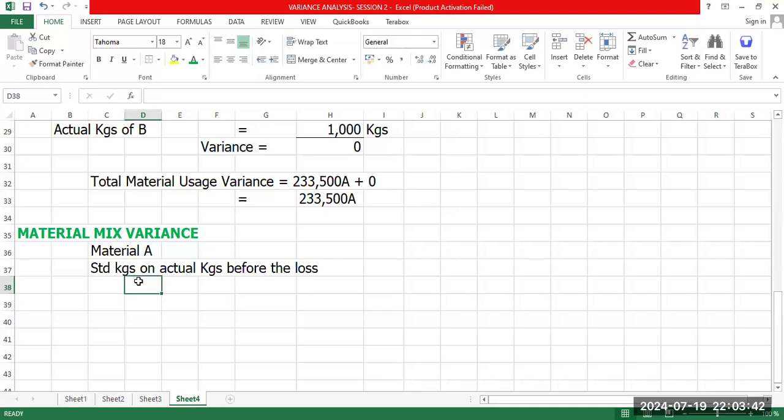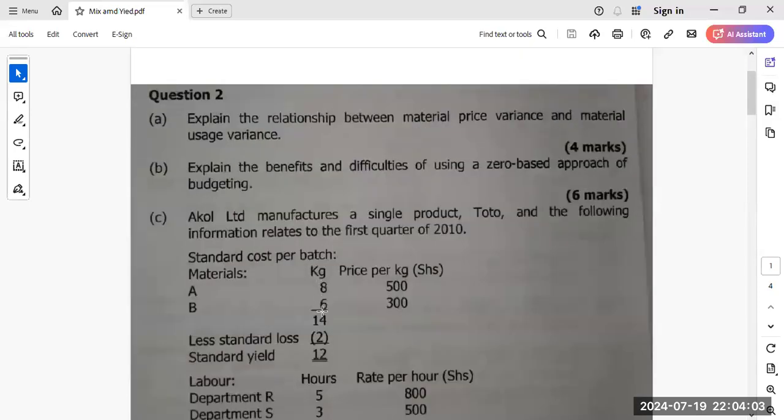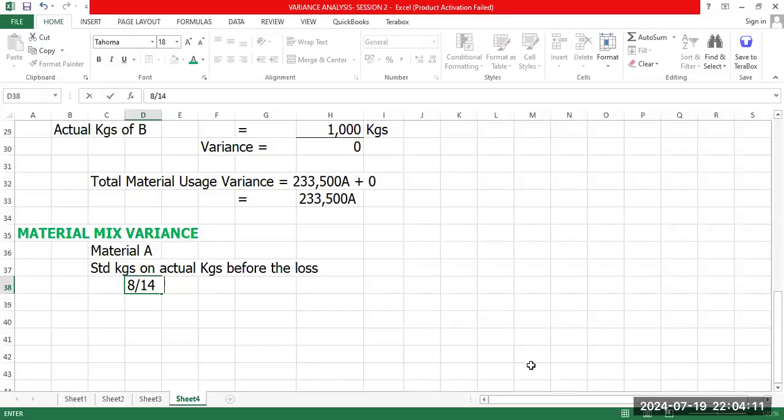So this is 8 over 12 times, no, it is 8 over, before the loss here, it is 14. 8 over 14, then times total actual kgs before the loss.